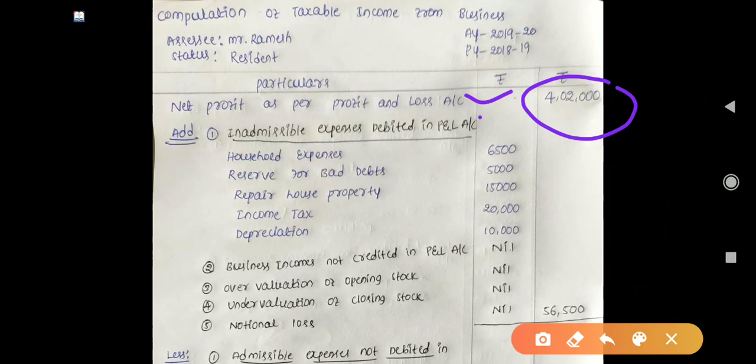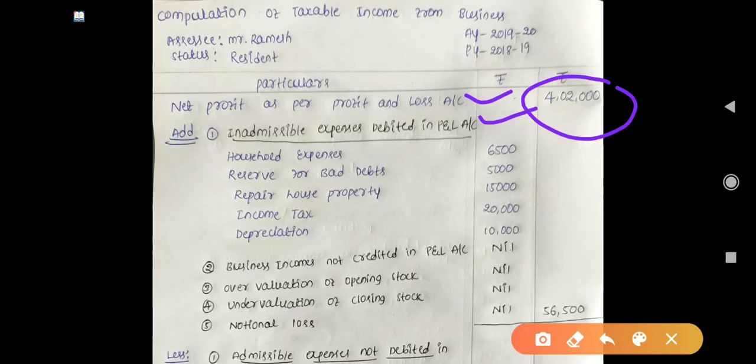The first one is inadmissible expenses debited in profit and loss account. Inadmissible expenses means non-business expenses, which do not relate to business, or which the Income Tax Act does not consider as business expenses.